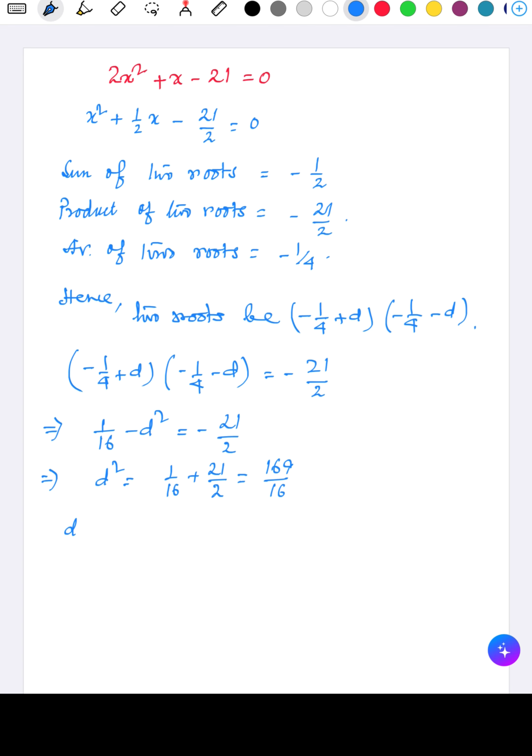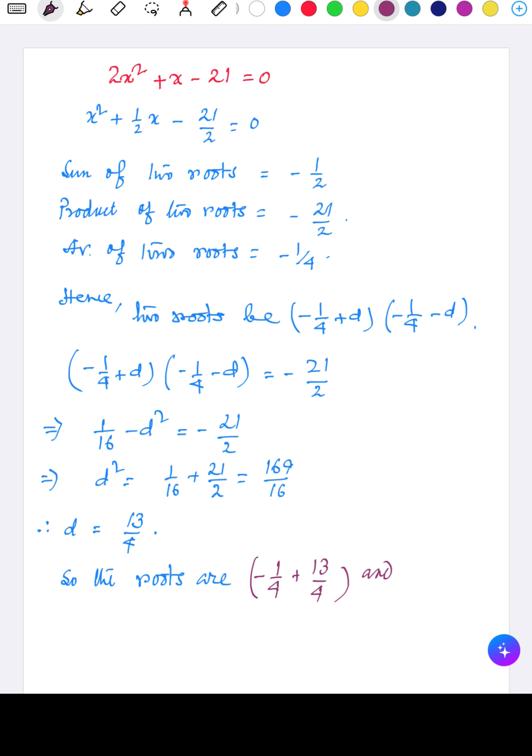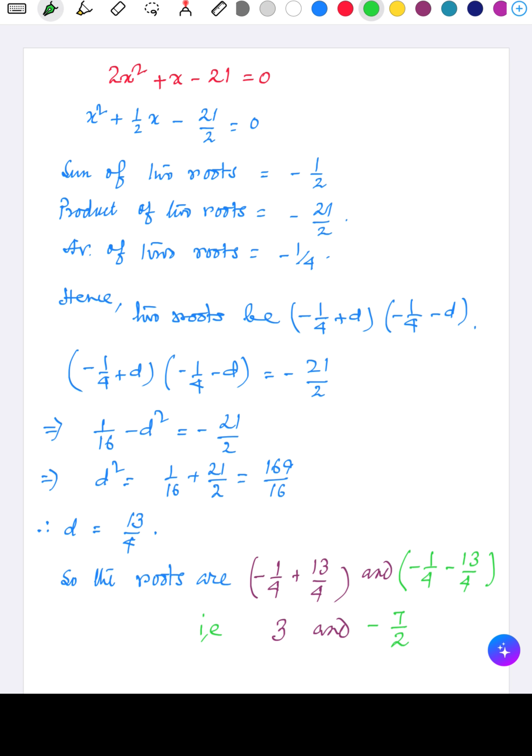Hence d equal to 13 by 4. So the roots are minus 1 by 4 plus 13 by 4 and minus 1 by 4 minus 13 by 4, that is 3 and minus 7 by 2. That's all.